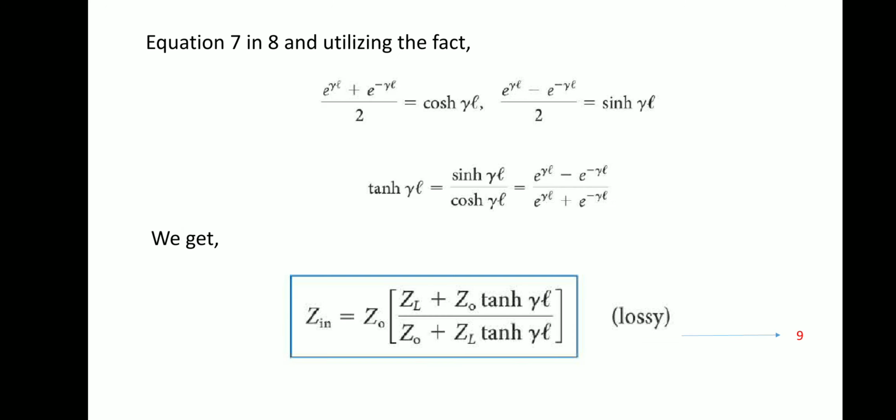Then you can use the result (e raised to gamma L plus e raised to minus gamma L) by 2 as cosh gamma L, and (e raised to gamma L minus e raised to minus gamma L) by 2 as sinh gamma L. Then sinh gamma L by cosh gamma L we can rewrite as tanh gamma L. So after simplification you will get Z in equal to Z0 times (ZL plus Z0 tanh gamma L) divided by (Z0 plus ZL tanh gamma L).